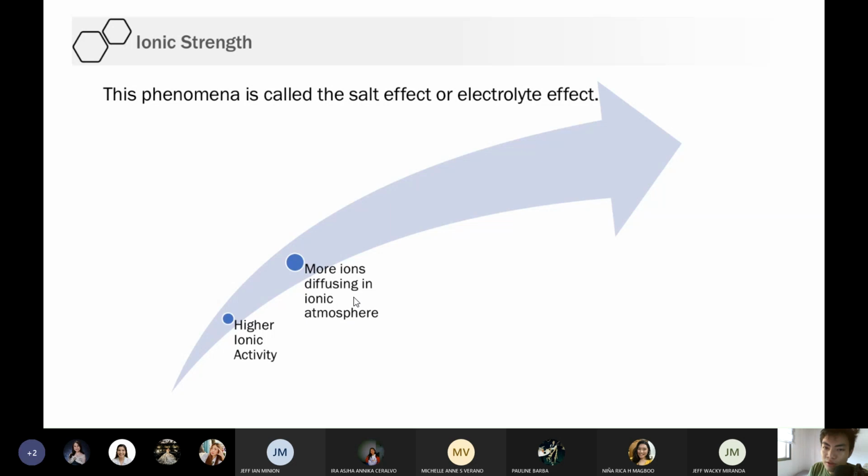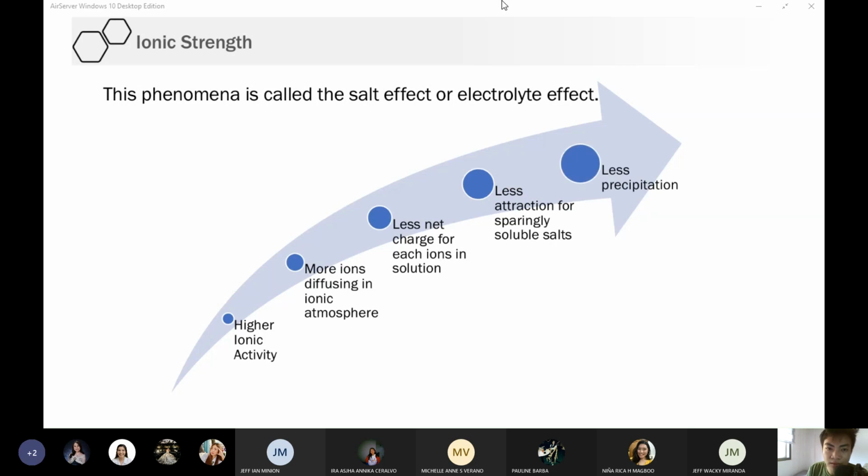Once more ions dissolve in the ionic atmosphere, the charge of the ions of the precipitate will start decreasing. As a result, there will be fewer chances for them to produce the precipitate. Finally, the solubility will increase. So that's the overall idea for the ionic strength.